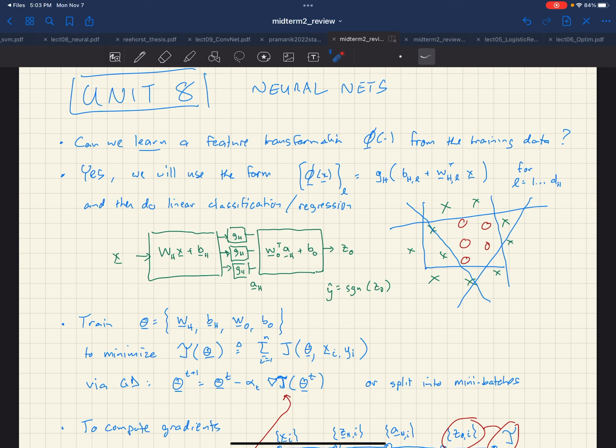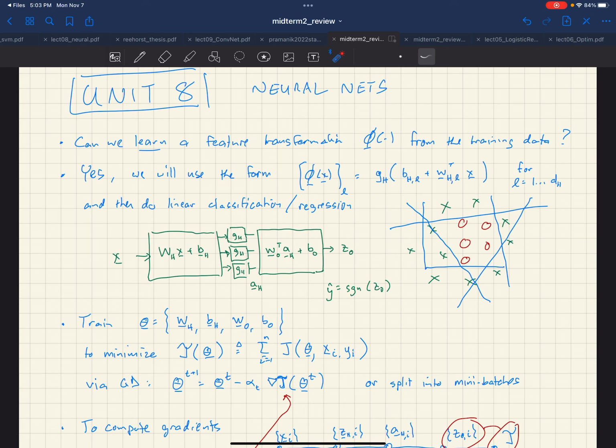So finally, once we make some architectural choices, like what are these functions, how many are there, and so on, we have to train our parameters, which are in this case the weights and biases in the hidden layer and the output layers. So we put those all together in theta. We define our cost that uses our training data and our parameter hypothesis. Typically, we would use something like logistic regression on these output scores, and then we just do gradient descent on the negative log likelihood cost.